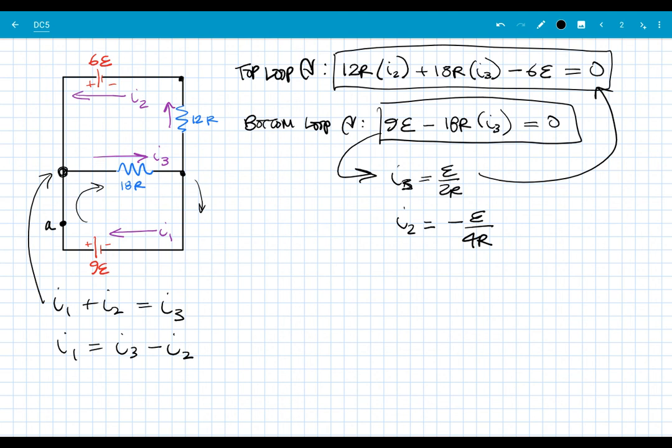Anyway, we have I3, I2, therefore we have I1. That's equal to I3 minus I2, so that just gives us 3E over 4R. So we get all the same stuff that we got in the other problem, but we got it in a different way.